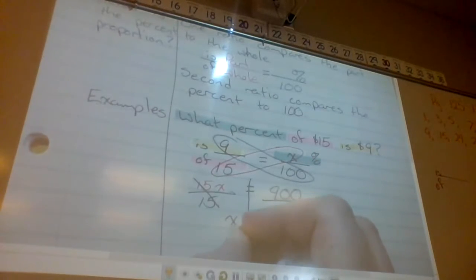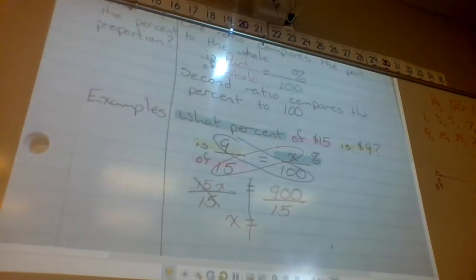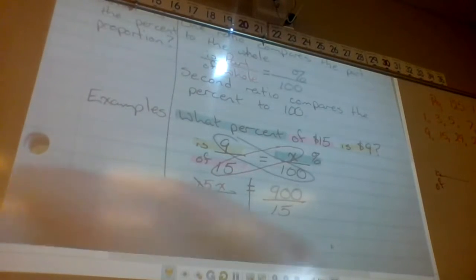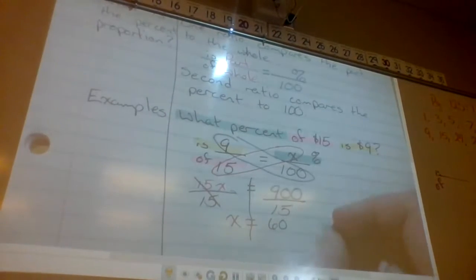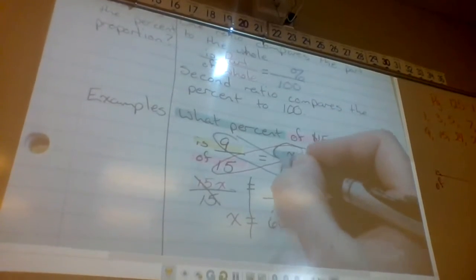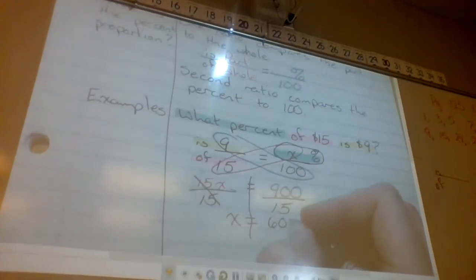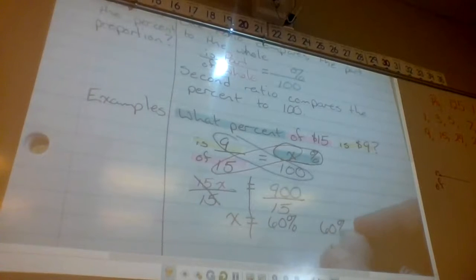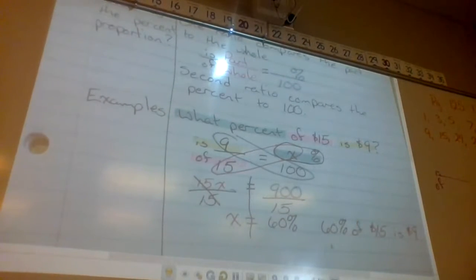So you're left with 1X equals, what is 900 divided by 15? We're missing something though. Not X, the percent. 60%. So 60% of $15 is 9.